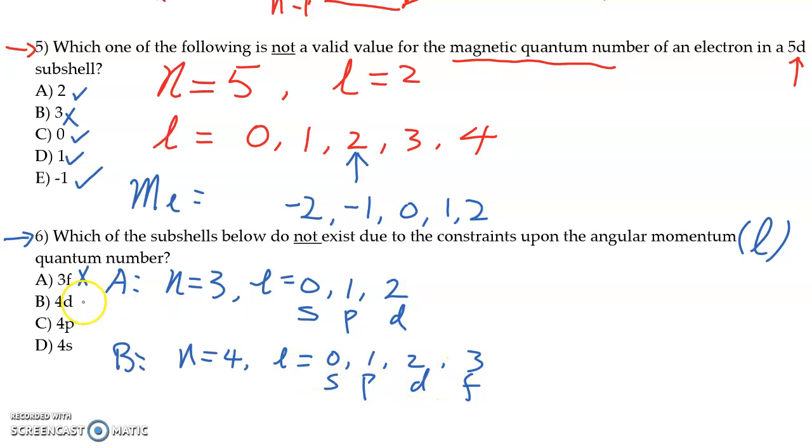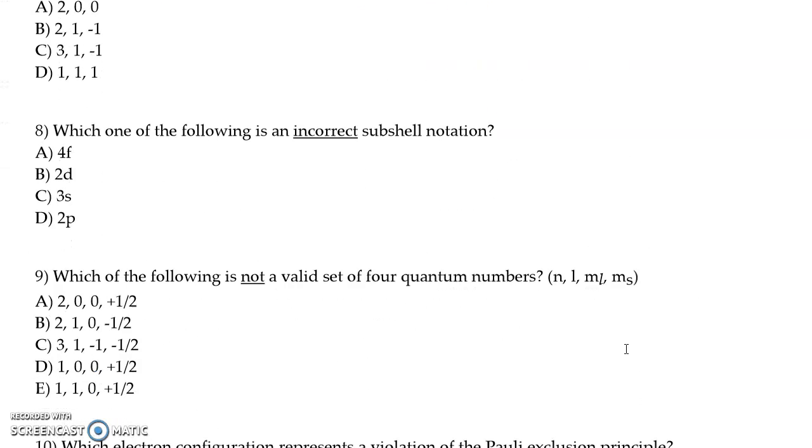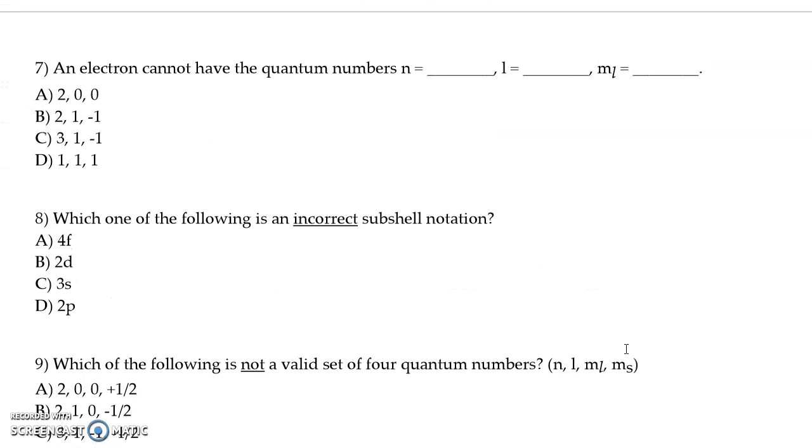Okay, so this is good. 4P means n equal to 4 and L equal to 1. See, that's 4P. 4S means n equal to 4 and L equal to 0. Okay, so these are good. All right, let's see if we have more exercise. Okay, that's good.